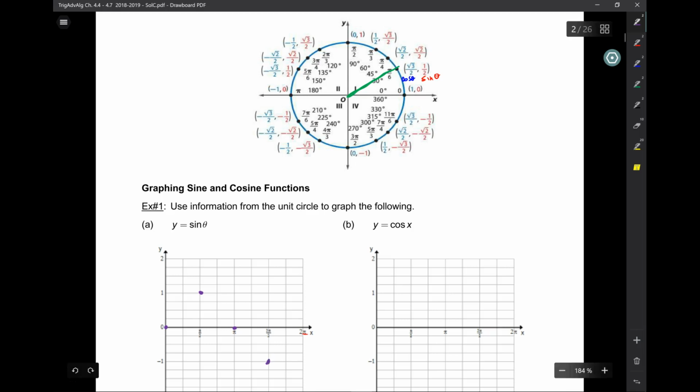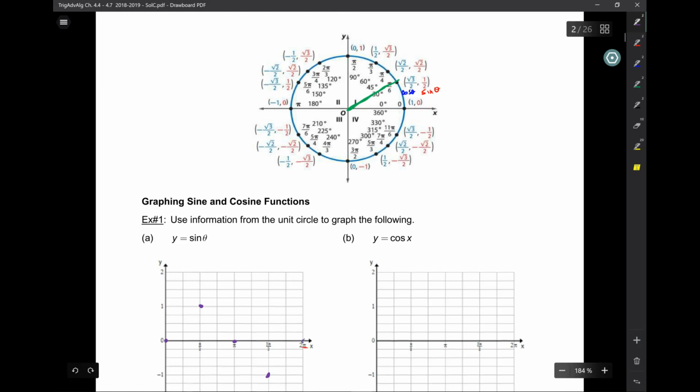Okay? At 3 pi over 2. And then when the angle is 2 pi, how much is sine? 0 again. So we just know that every other one would be 0.